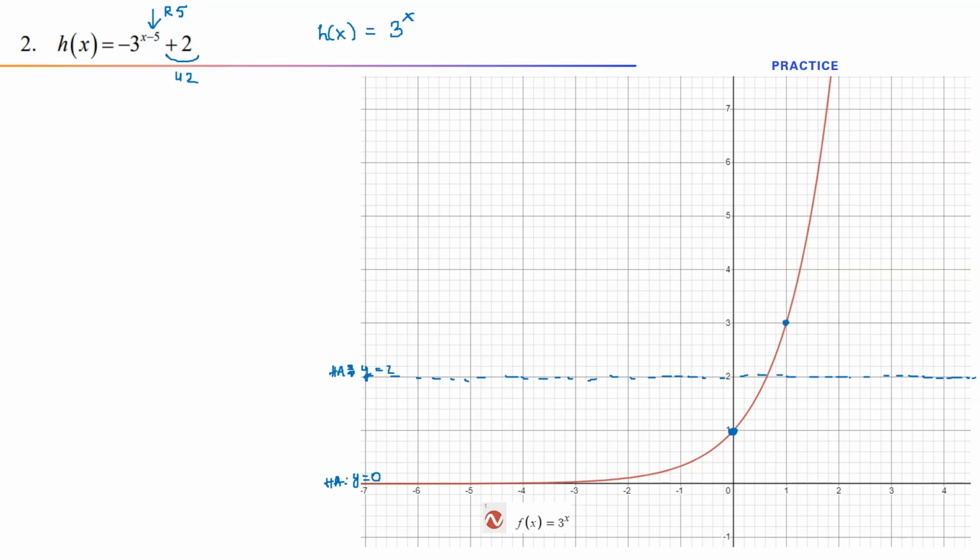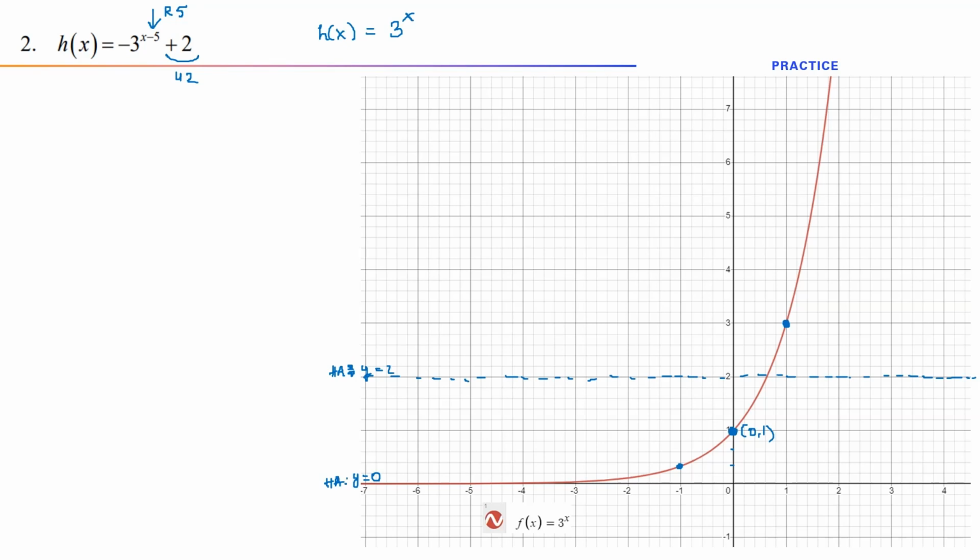One, 3, another point, right? And this one is 1/3, right? Negative 1, 1/3. But let's do 2 points, the easy ones to figure out. So (0, 1).